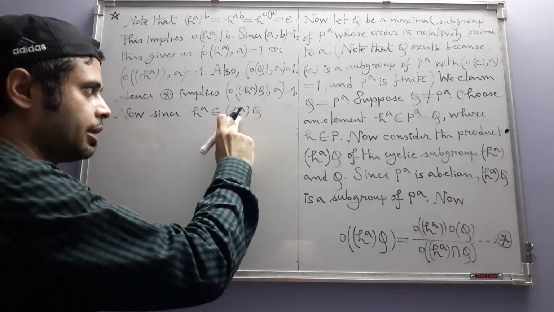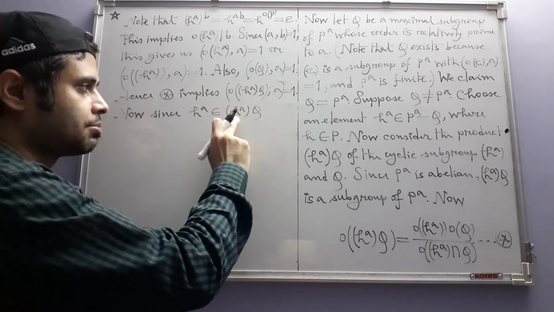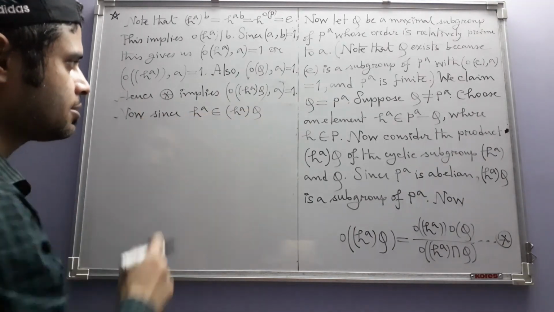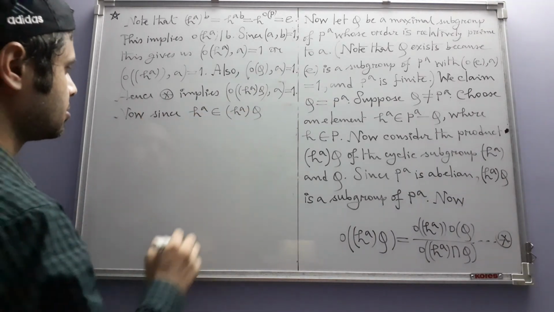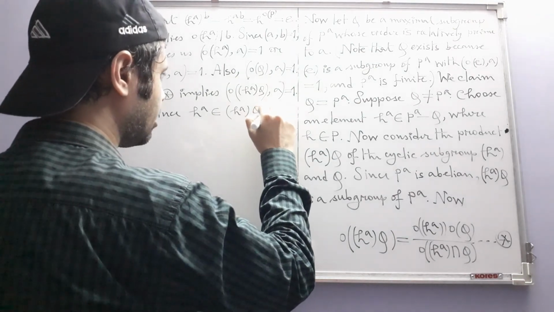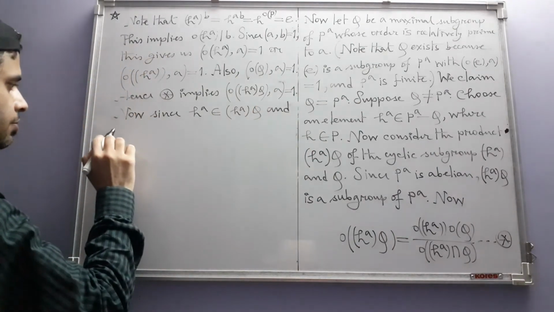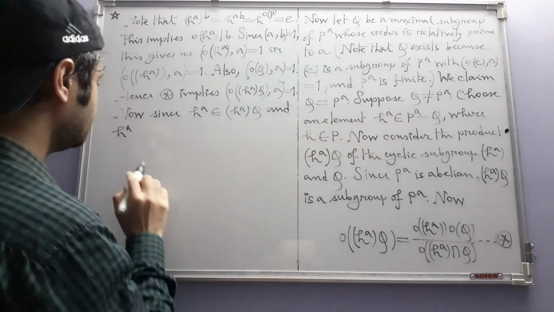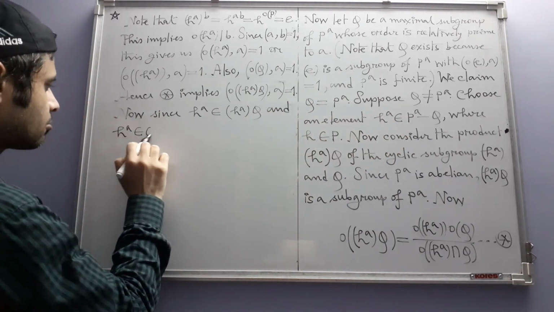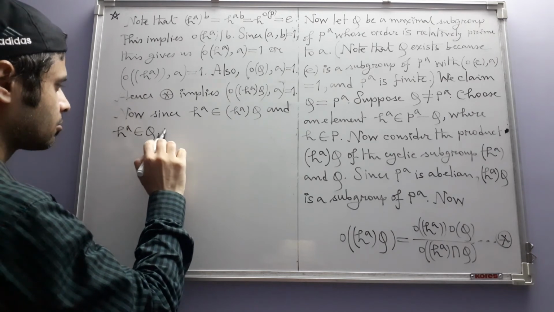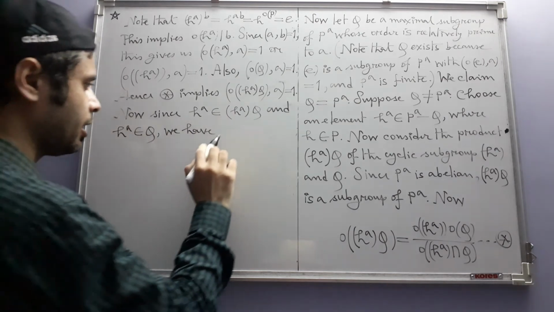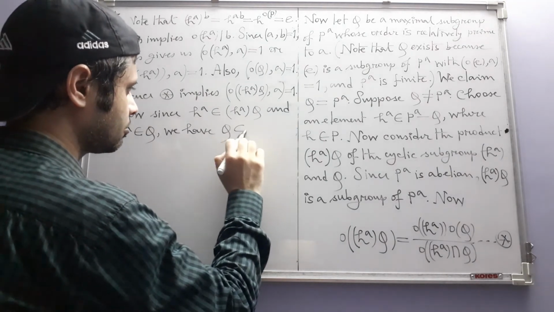You just take HA from this subgroup and you take identity from Q. Their product is HA, so it belongs to this. But at the same time HA does not belong to Q, we have this.